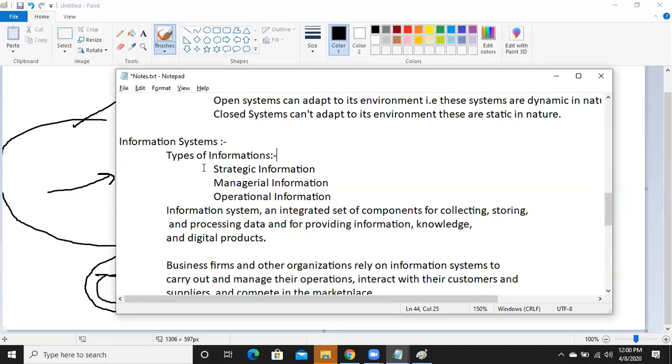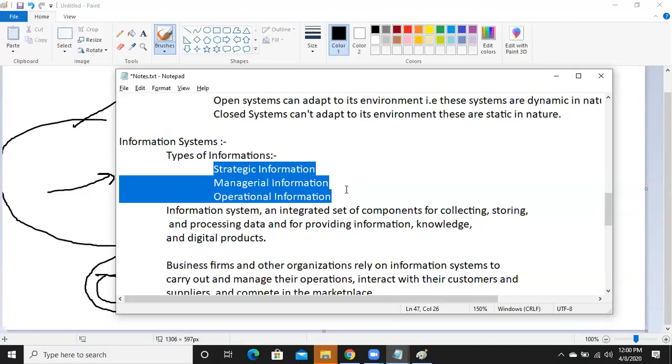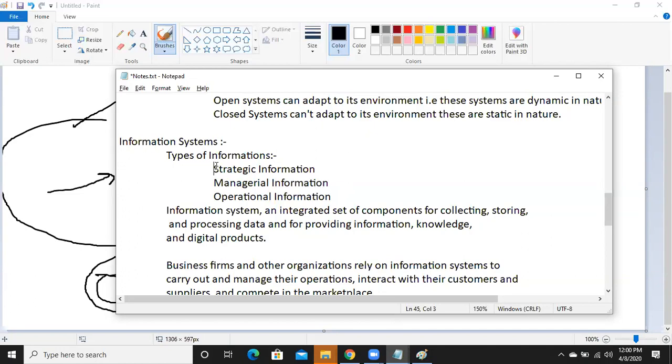All right, so if I talk about the types of information, we have 3 types of information. First is strategic information, second is managerial information, and the third is operational information, right?